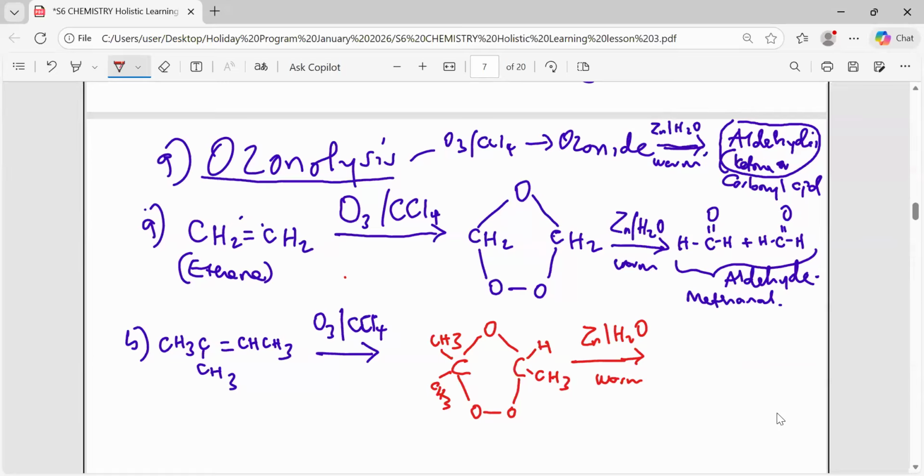We're going to form butanol. Butanol means it has 4 carbon atoms.